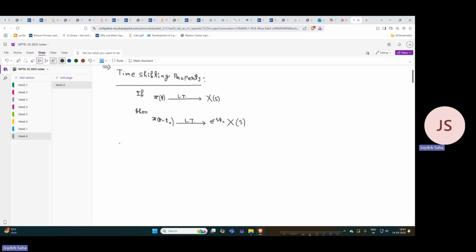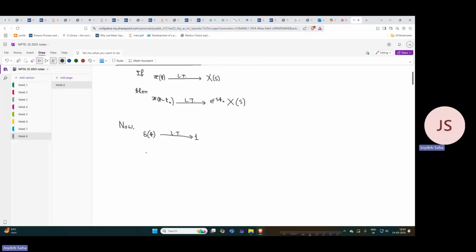Now what do we know? Do we know the Laplace transform of delta t? The answer is yes. We have solved it in the previous lecture. It is 1, right?